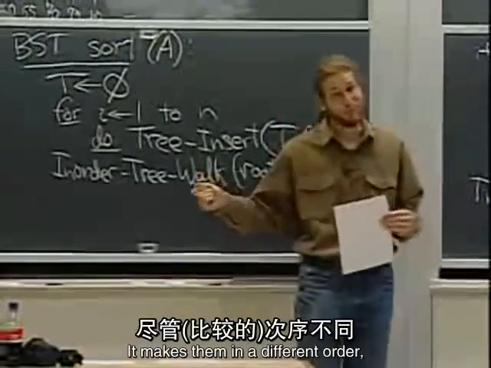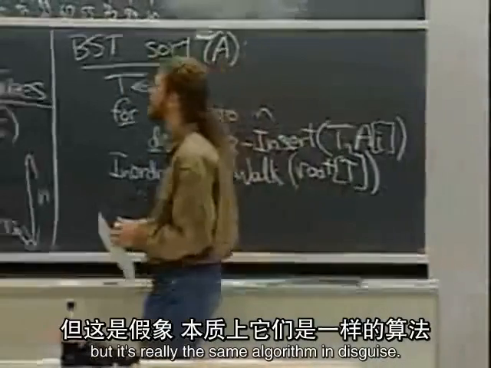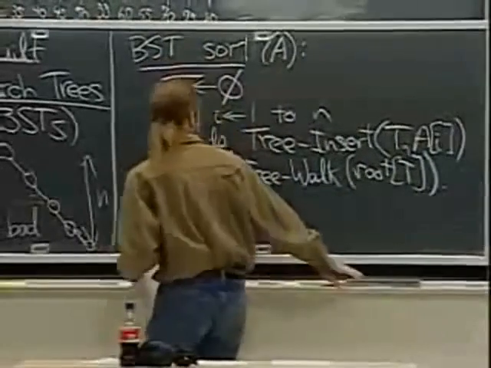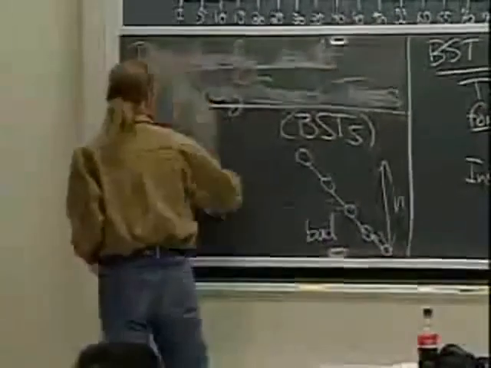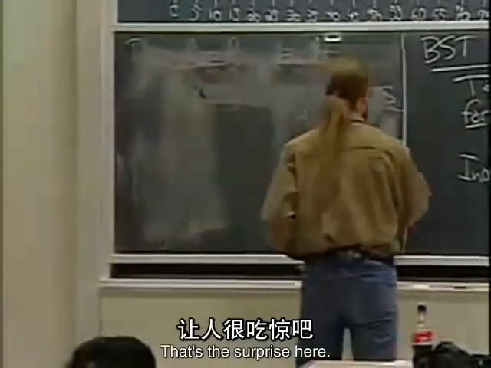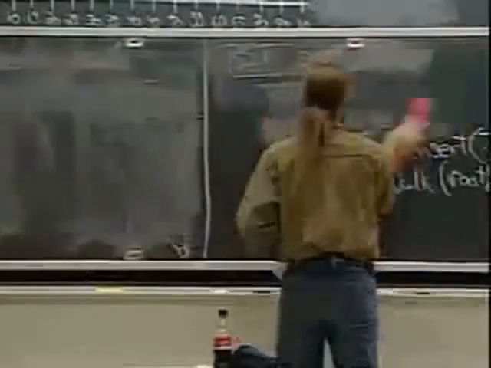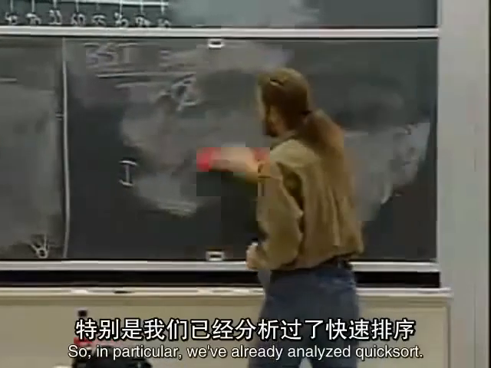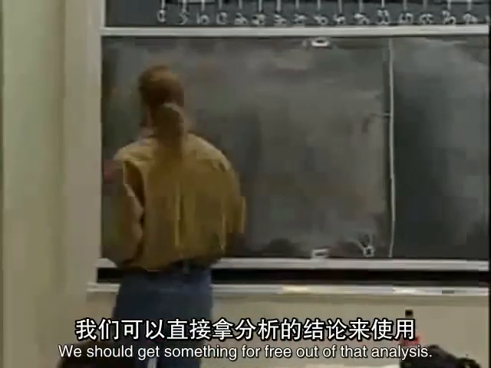It makes them in a different order, but it's really the same algorithm in disguise. That's the surprise here. So in particular, we've already analyzed quicksort. We should get something for free out of that analysis.